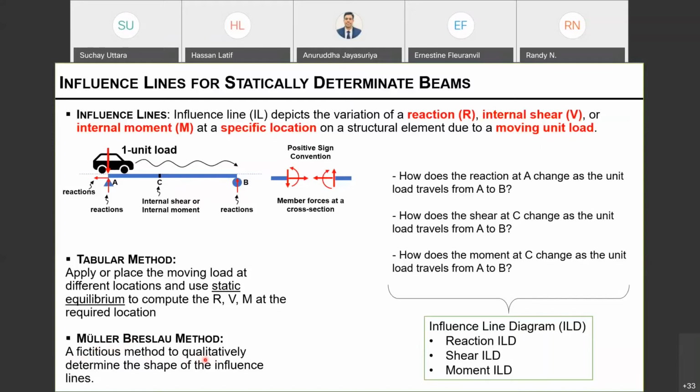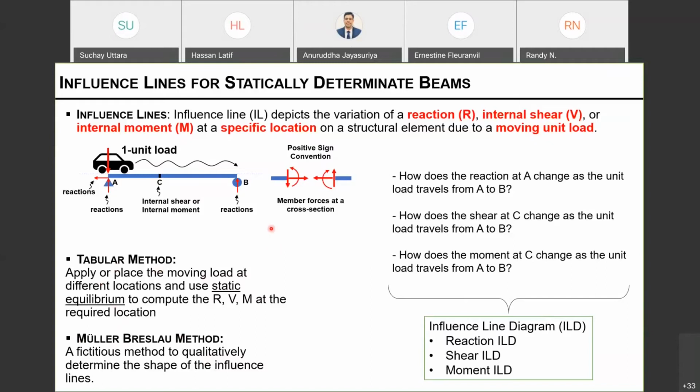By just looking at the structural system, he came up with a way that you can draw the shape of the influence line. We will talk about that one in detail after we complete this tabular method. Okay. Any questions so far? I believe no. It's pretty clear.